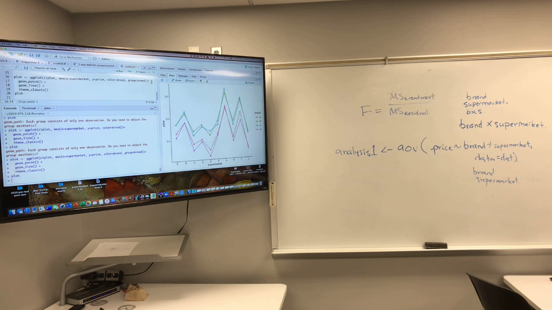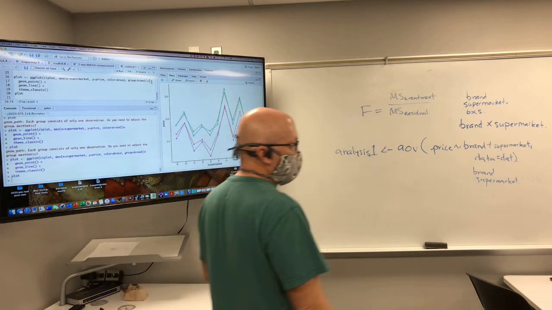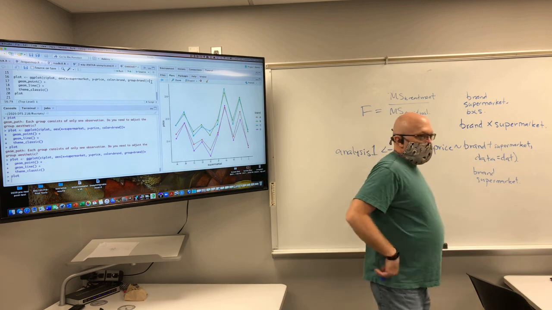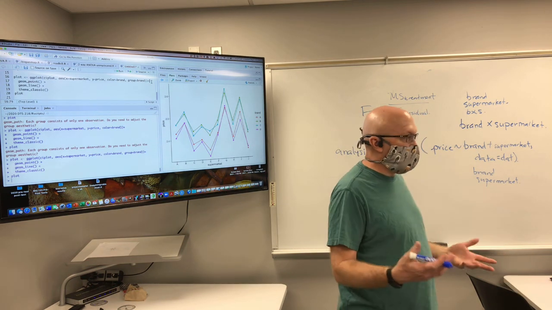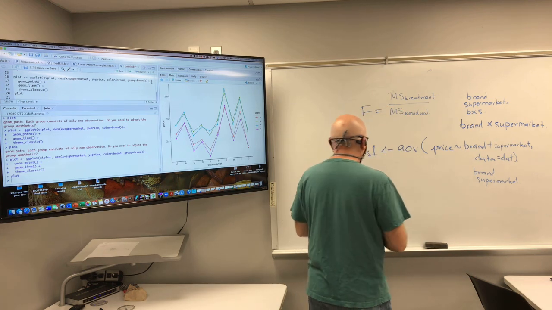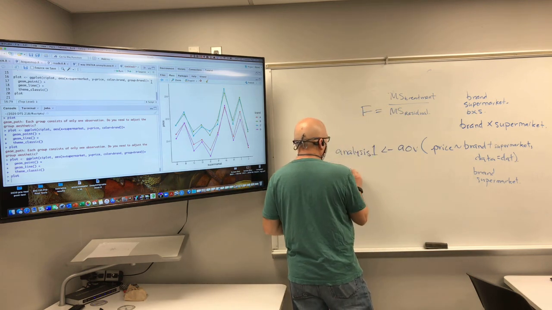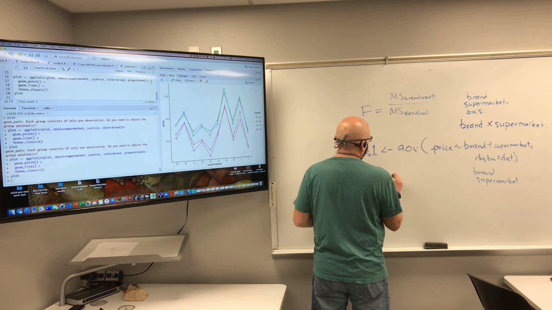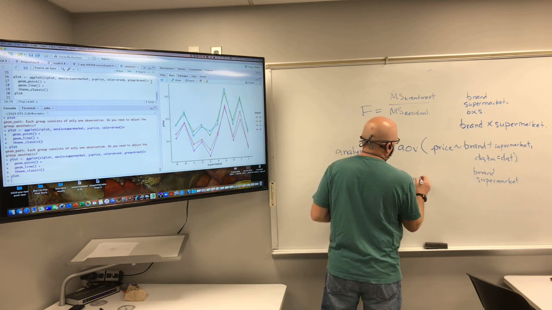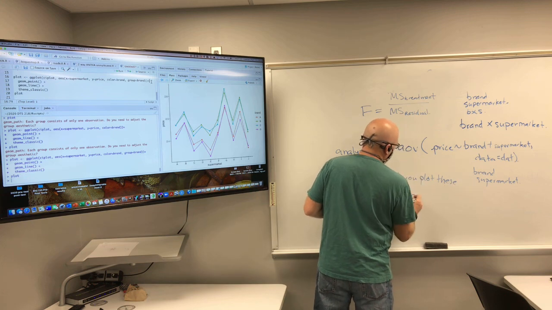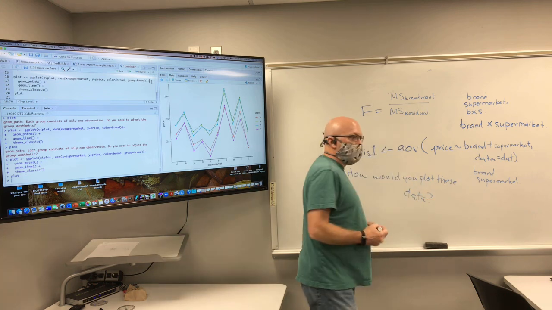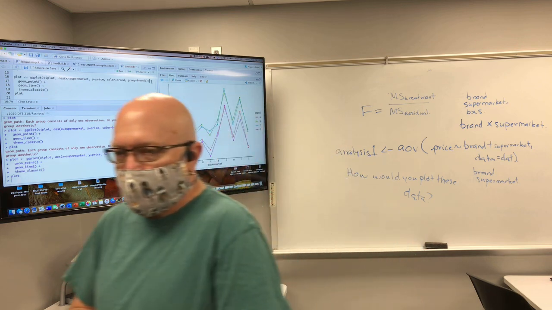So homework for Friday: if plotting things this way doesn't make any sense from the standpoint of looking to see if brands are different from one another and if supermarkets are different from one another, how would you plot these data? Since this isn't giving you a traditional sort of plot.